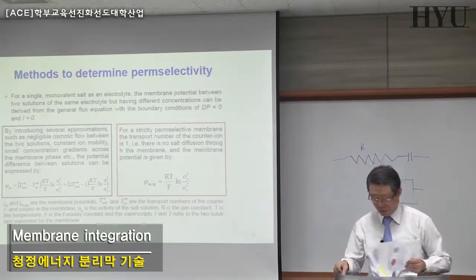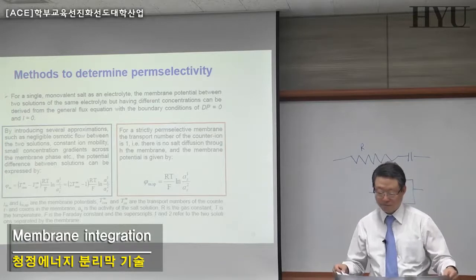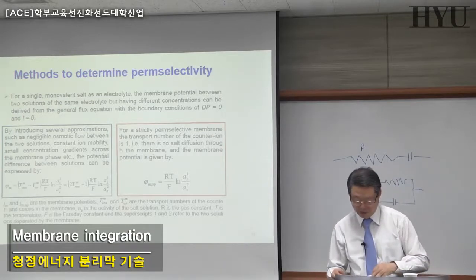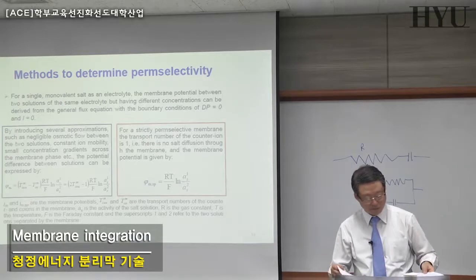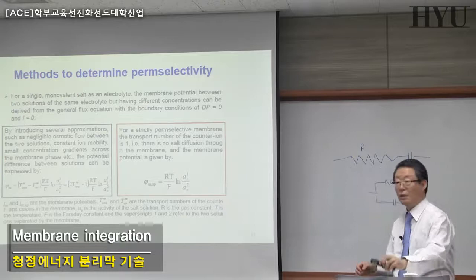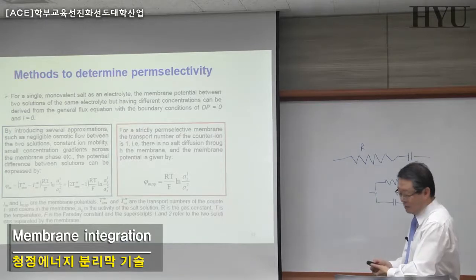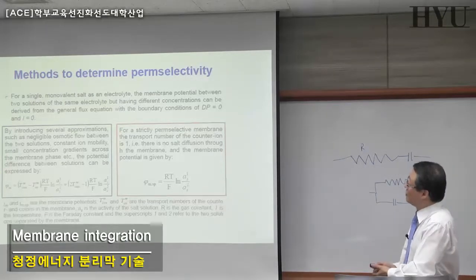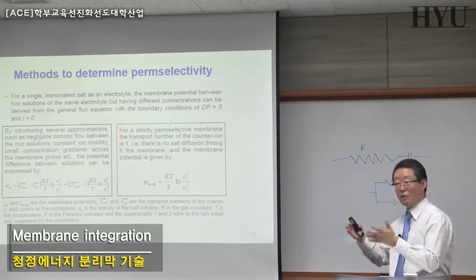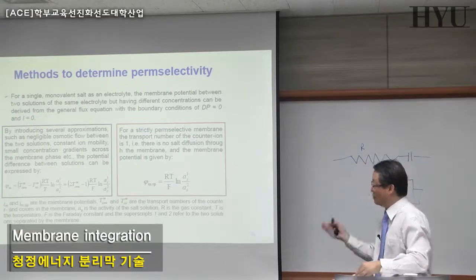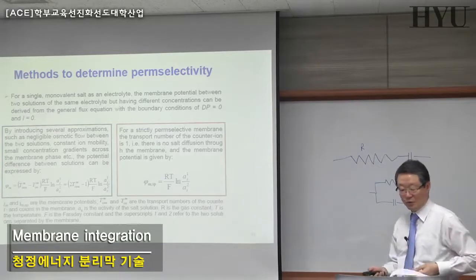So we knew that we can determine the permselectivity in many ways, and we can describe the Donnan exclusion principle and the other boundary conditions and so on, and you can derive some other very complex equations, which is out of the scope of this characterization method.